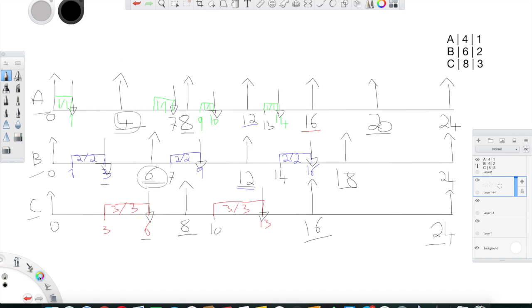So task A will execute for its execution time, which is 1 clock tick from 16 to 17. Okay. Here 1 out of 1, and we must draw the downward arrow to indicate that this task finished execution.